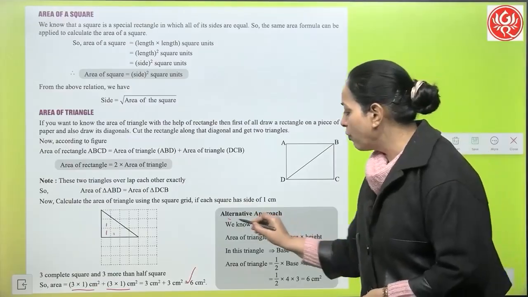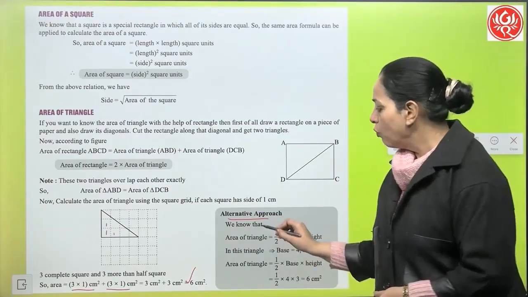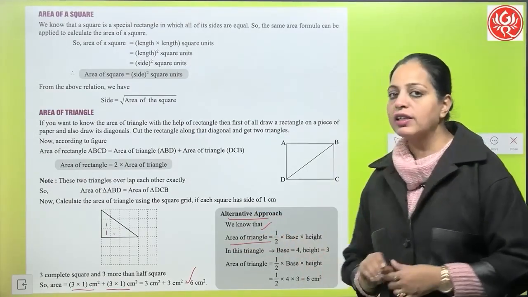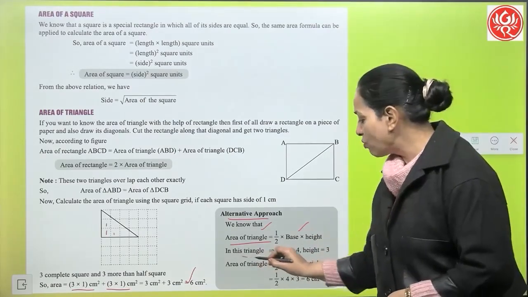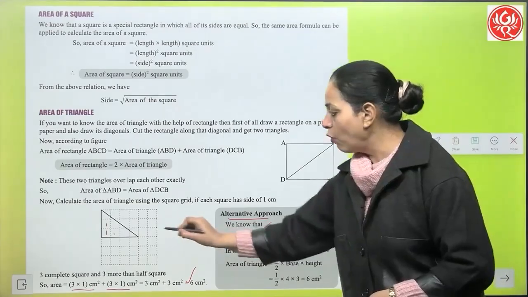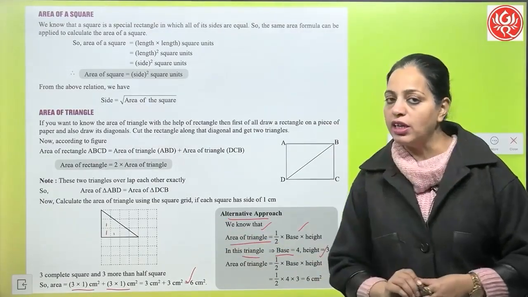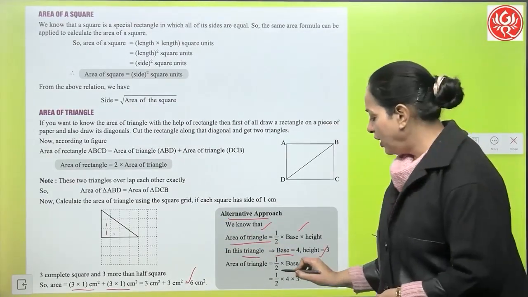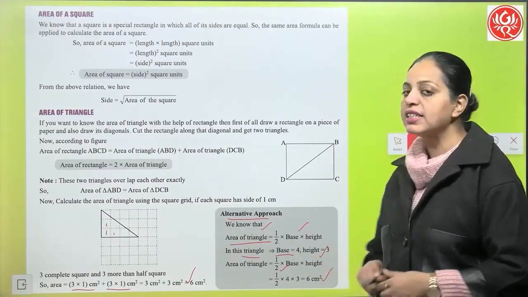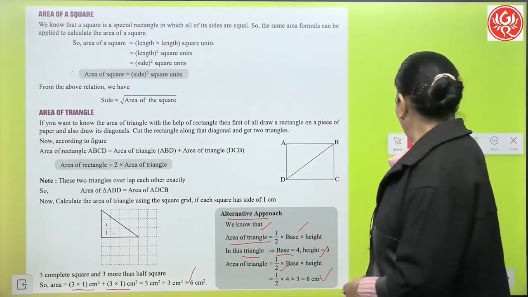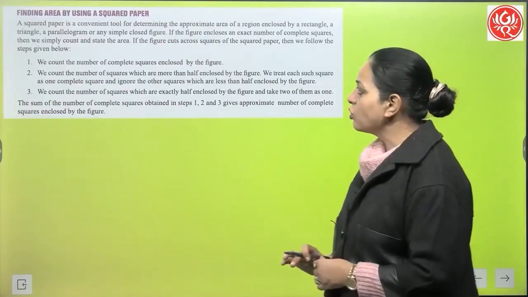Okay. There is one alternative approach. We know that area of triangle is half into base into height. In this triangle, base is 4 and height is 3. So area is half into 4 into 3, which means 6 centimeter square. Okay, so I hope this is clear to you.